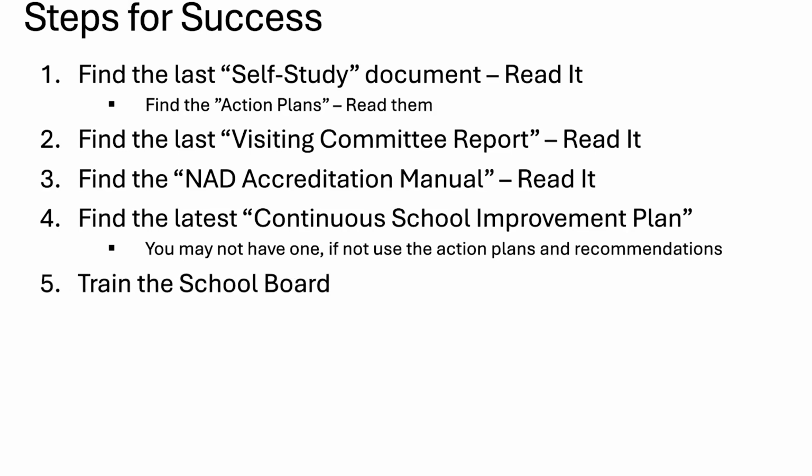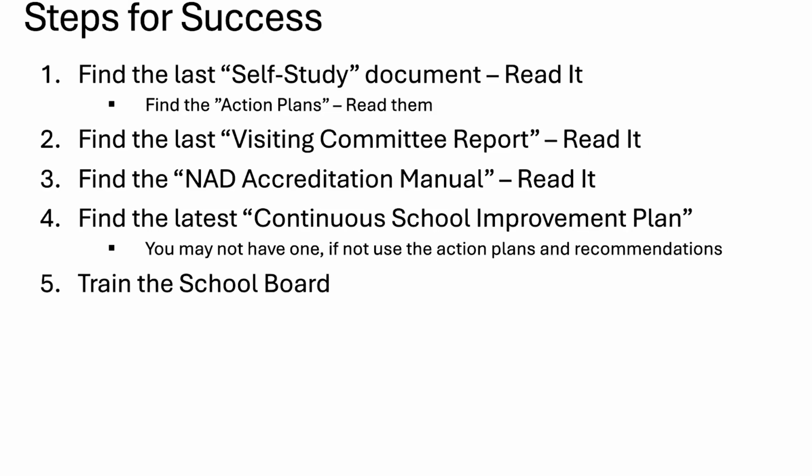Then after you really have a good grip on all of these documents and what was laid out for the school in these various documents, you want to go to your school board on a multi-year basis and train your school board and show them how we need to be moving forward on these documents.